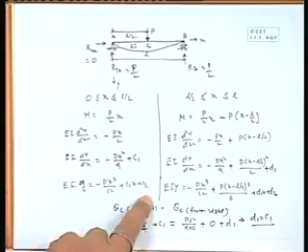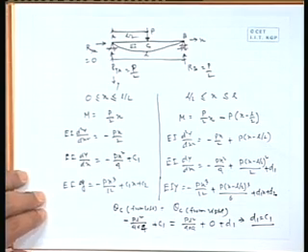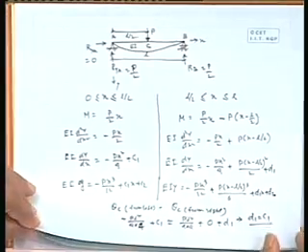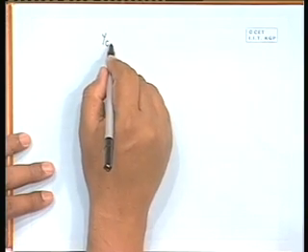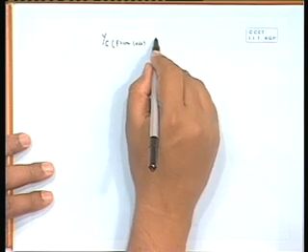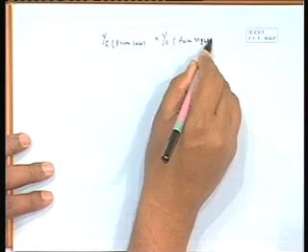So in a similar manner, if we just equate the y, at x equal to L by 2, this quantity and this quantity, if we equate, we will get D2 equal to C2. So you can put and see here again, say y at C from left, y at C from right.